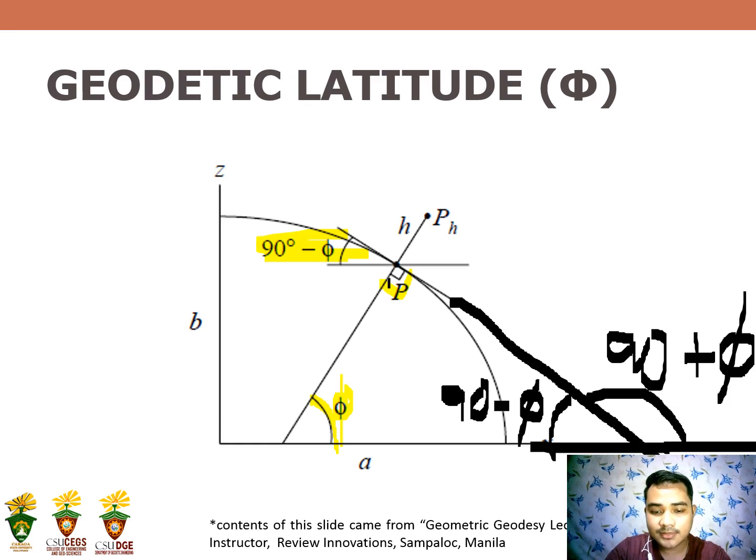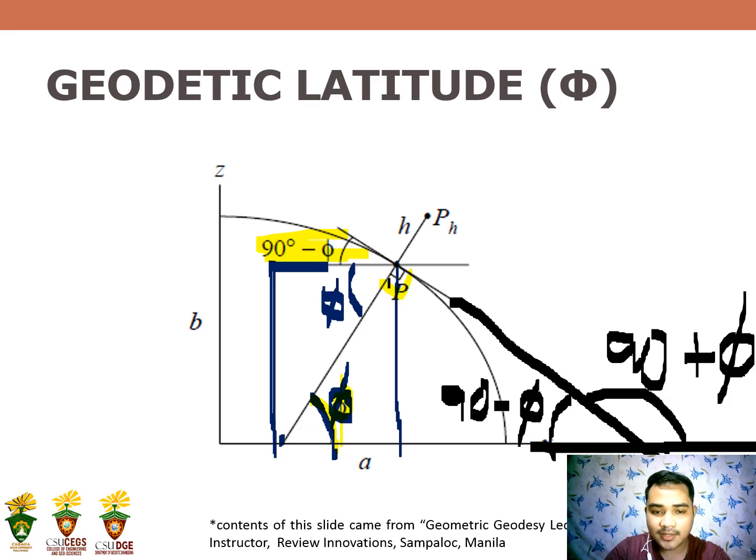So again, para mas masabtan ninyo, mag-draw pa diri og line, and another one is mag-draw pa diri og line. Dapat nag-abot na sila. So kung the law of the geometry applies, so kung this is theta or geodetic latitude, therefore kani siya diri is geodetic latitude, and this one is the 90 degrees.